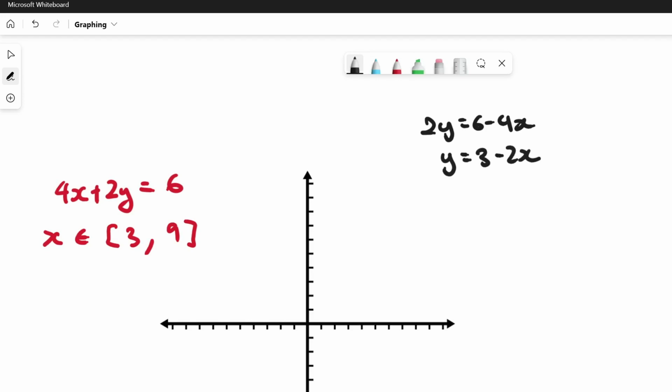So what we know about the graphs is that this right here is the y-intercept, which means that the y-intercept is 3 in this case. So 1, 2, 3. Yep, right there. And we know the gradient is negative 2x, which means that for each time that x goes to the right one, the y actually decreases twice.